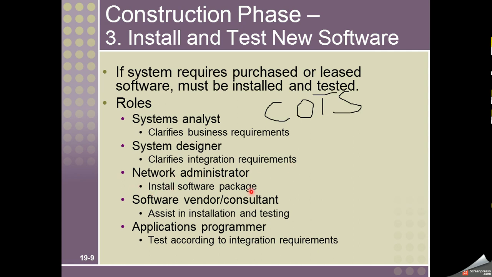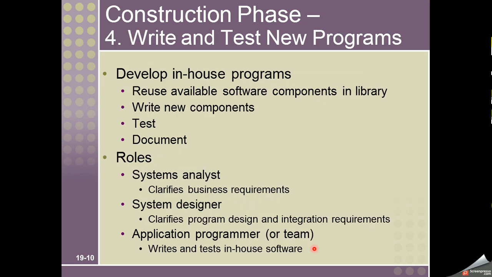Network administrator will install these purchased packages. The vendor or consultant from whom we have bought the system will help in the installation and testing phase, and the application programmer will test according to the integration requirements, because this purchased system has to integrate with the other systems. So we need to make sure that this system works smoothly with the other systems.